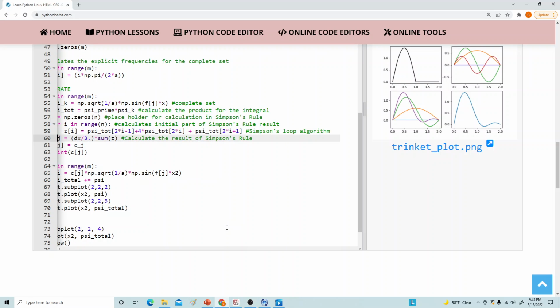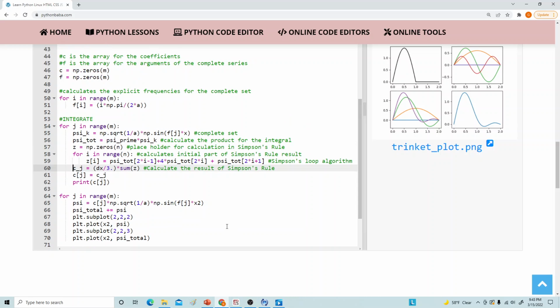And what this does is this sets, so remember that we defined our C array to be initially zeros, and now this is saying I want to define just a generic variable C sub j to be the result of Simpson's rule, and then this line says, okay, now look at the array that I've named C and replace the jth element in that array with the result from Simpson's rule.